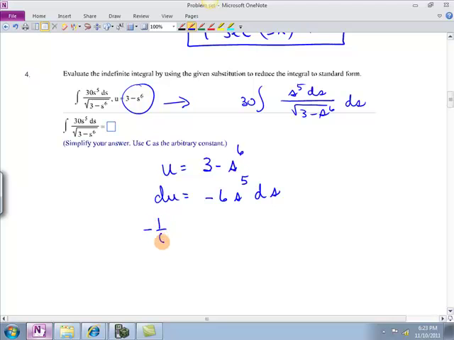So I have -1/6 du equals s to the 5th ds. When you took the derivative here, we match this with this. You have to make sure that whatever's left besides the u matches what you're letting du be.